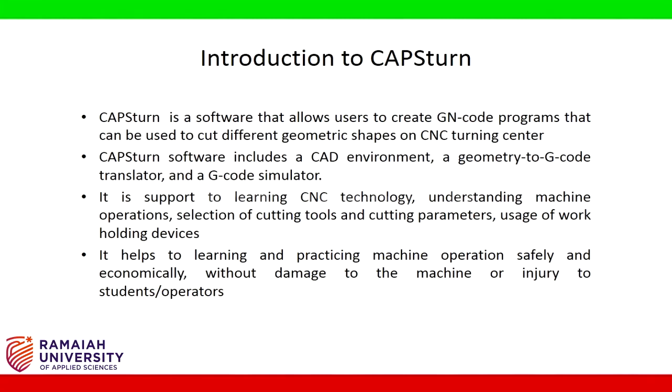It supports learning CNC technology, understanding machine operations, selection of cutting tools and cutting parameters, usage of work holding devices. It helps in learning and practicing machine operations safely and economically without damage to the machine or injury to the students or operators.